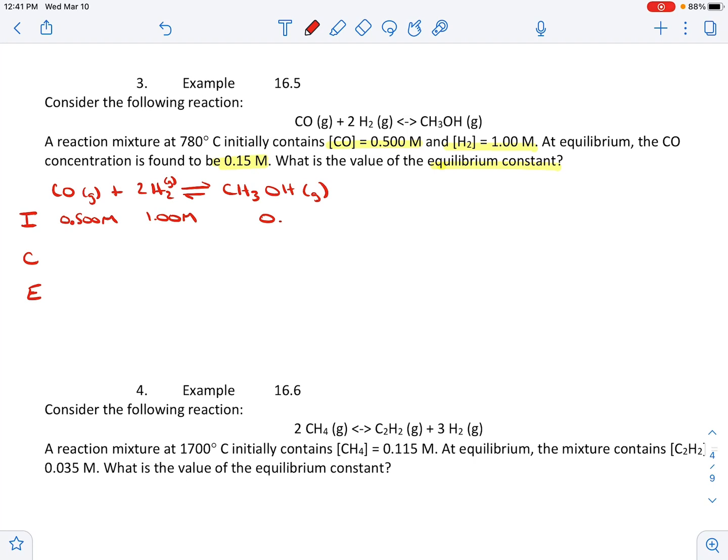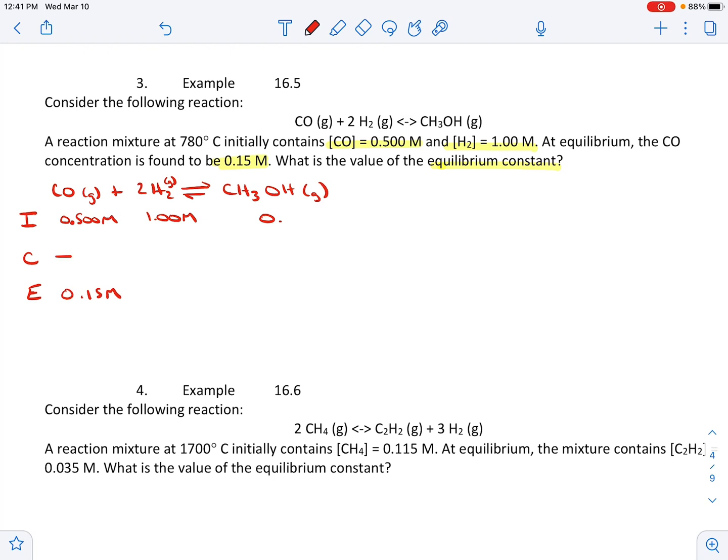Now, at equilibrium, we know we have 0.15 molar CO, and we're going to do a little bit of work there. If we look at our change, our reactants are going to be going down, so we subtract our reactants, and then we add products. Let's use an x.